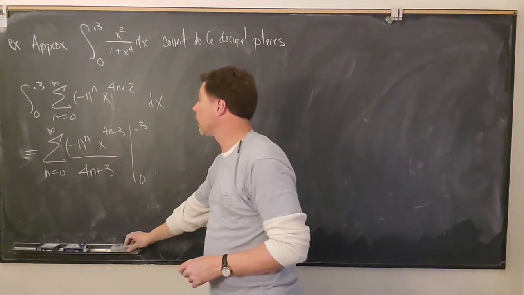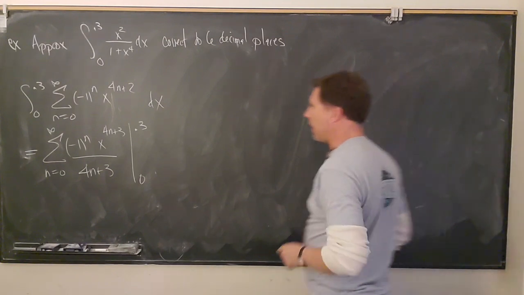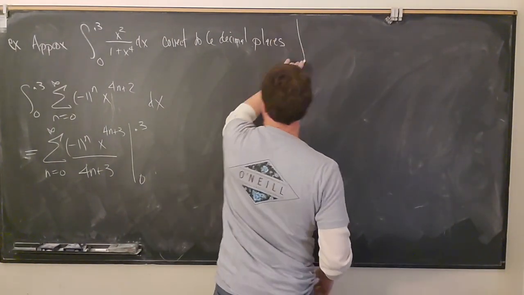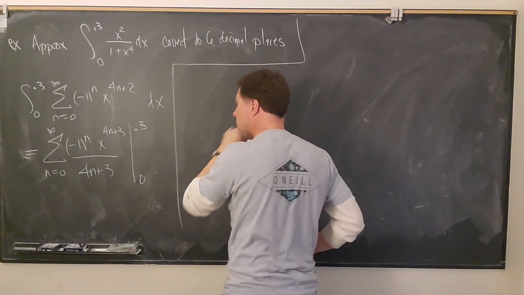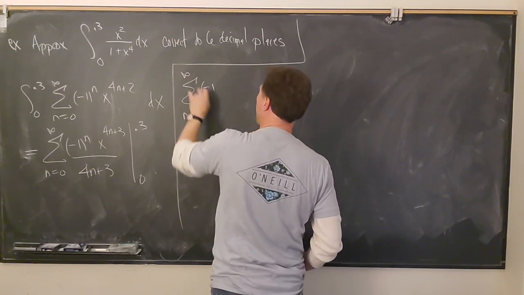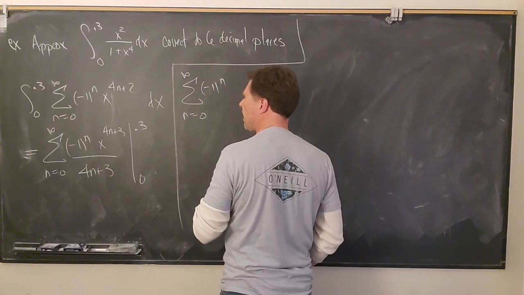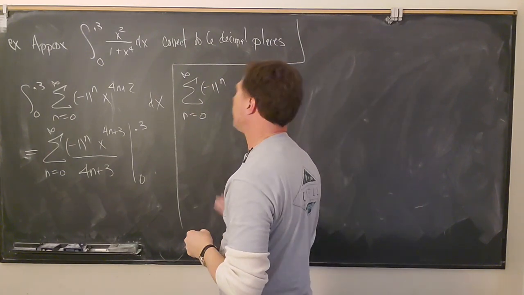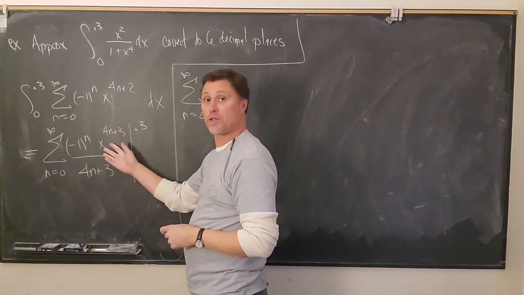All right, so let's plug in our limits of integration. This will be the sum n equals 0 to infinity of (-1)^n. 0.3 is the same as 3/10, so I want to use 3/10 when I do this.